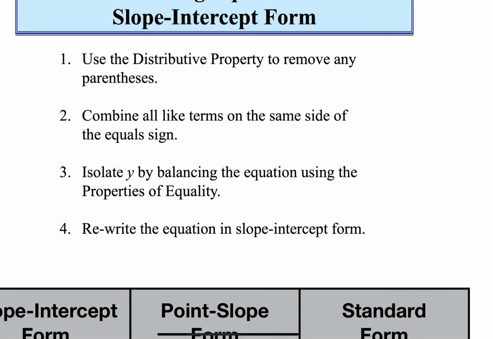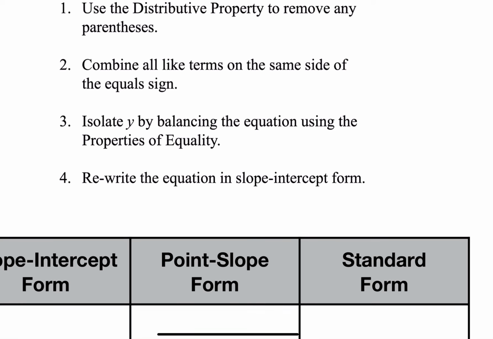And then number three, isolate y by balancing the equations using the properties of equality. That's basically just saying we want to get our y term onto the left side because, as we've said over and over again, all of our linear equations should start with y equals. And then our last step will just be to rewrite the equation in slope-intercept form.